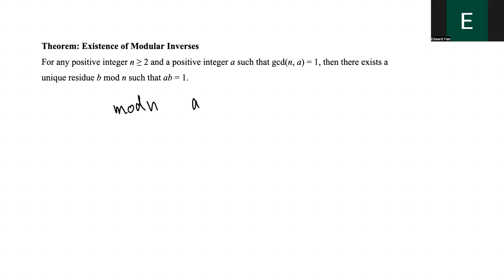And so for this, given a residue a, there's a unique residue b, which is defined so that a times b is congruent to 1 mod n. That's how the inverse is defined.